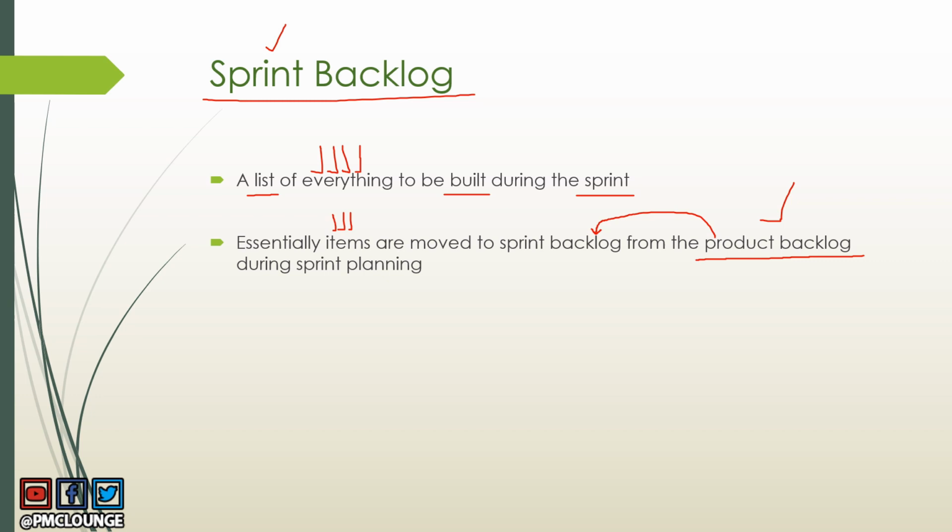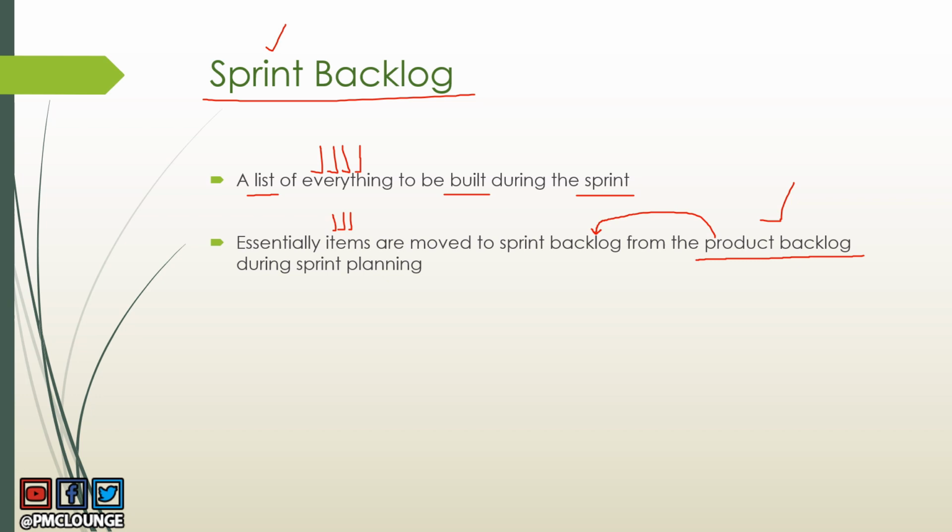So if you have a 2 week long sprint, you will have certain items moved from the product backlog to the sprint backlog. And then in your daily stand-ups, you are going to look at your sprint backlog and assess where you are and if you would be able to meet and complete all the items that you have taken in as part of the sprint backlog.